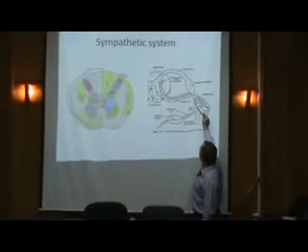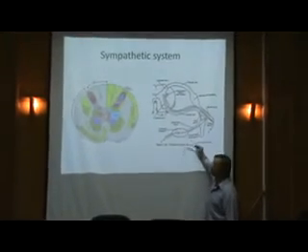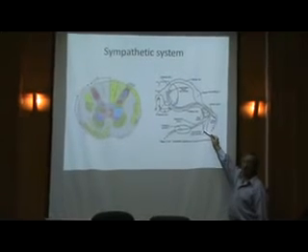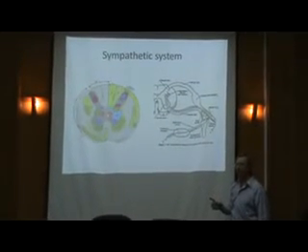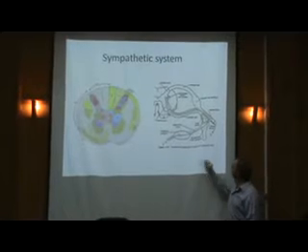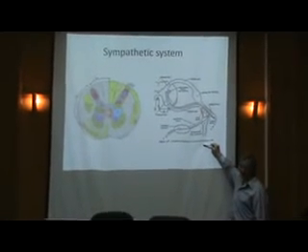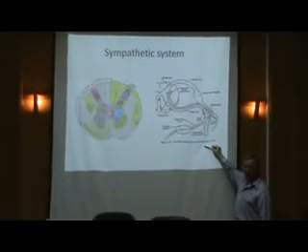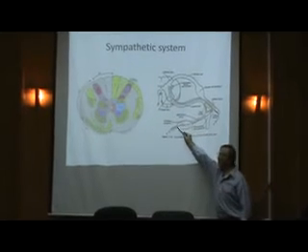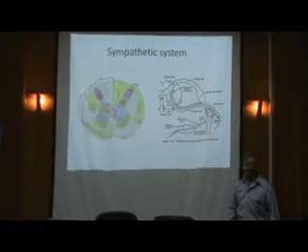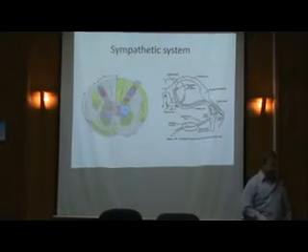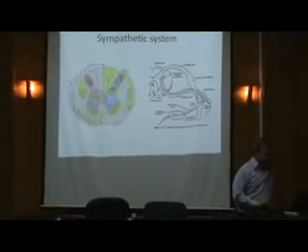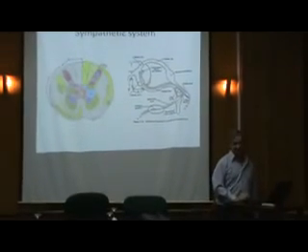And from there it will control mainly the vasculature: vasoconstriction or vasodilation of, in this case, muscular vessels, and in this case, visceral vessels. This is the sympathetic system. That area.